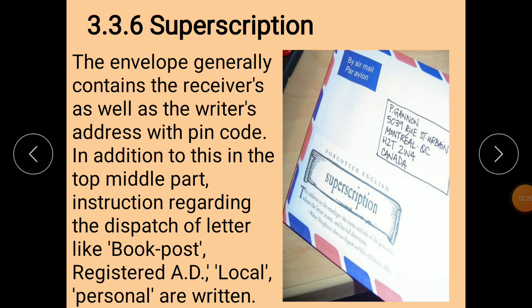Thereafter, towards the right hand side, the receiver's name, address, name of the place, pin code, etc. is written. The writer's address is generally printed in the lower horizontal band or written in the left down corner. When invitation letters or circulars are dispatched in envelopes, the sender's address is printed at the back of the envelope. Okay?